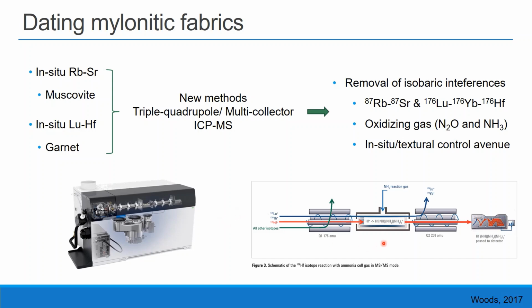This is the collision cell where you put the gas and create the complexes that you want to analyze separately to isolate the interference. And nowadays we also have a new multi-collector called NEOMA that has higher resolution and higher sensitivity, and then we can go to smaller spot sizes. This will enhance the in situ and textural control that we can do for deformed rocks and very fine grain minerals in the fabric.